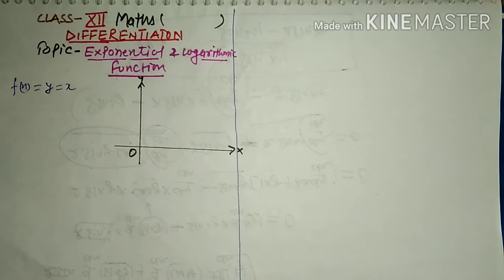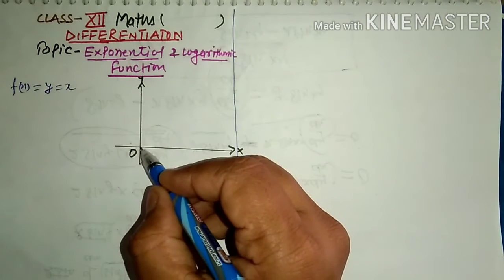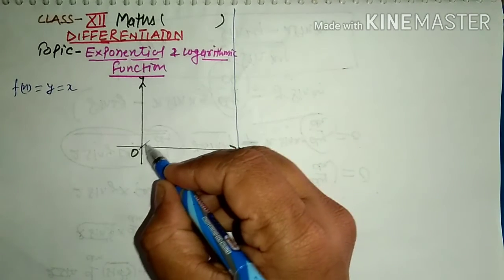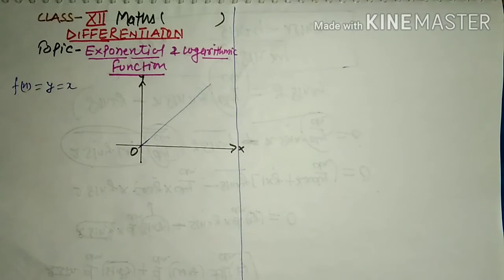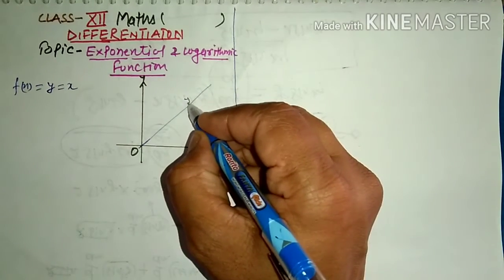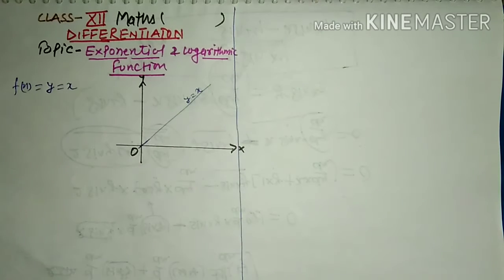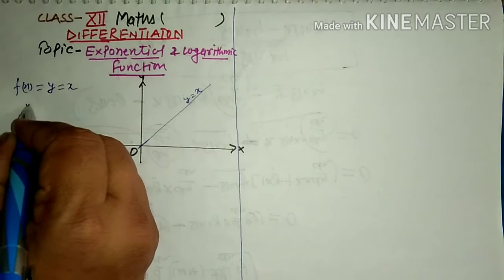So if I draw the graph of this, I will get a graph like that. Clear? Linear equation. So we can say y is equal to x. Okay, now I will change it.